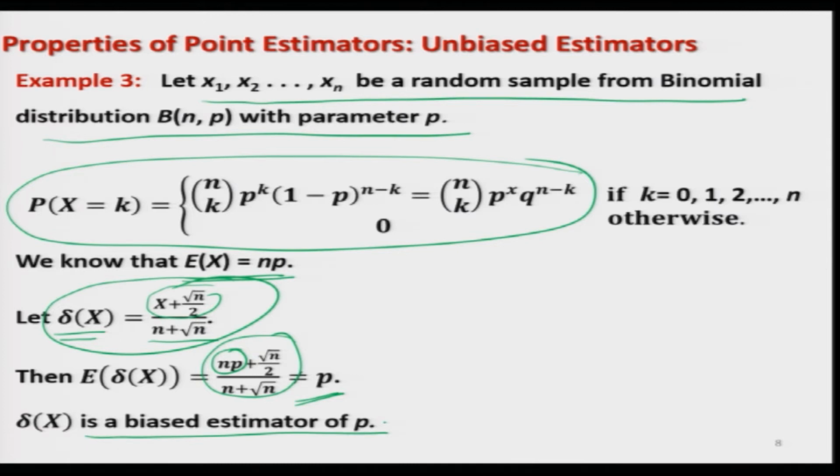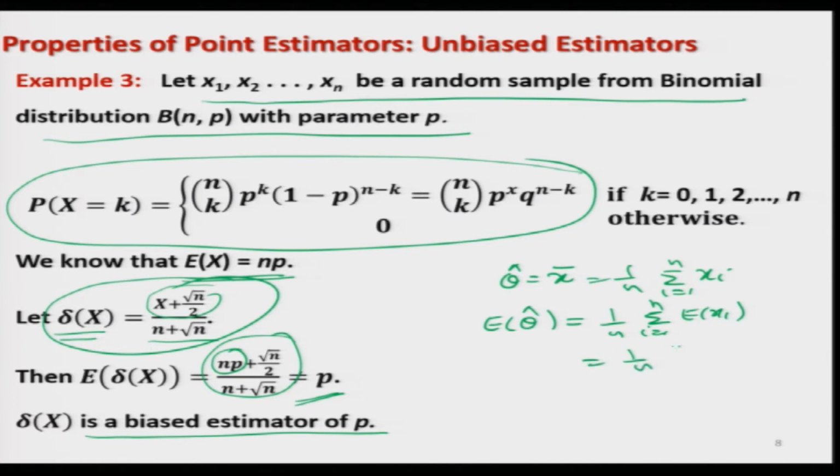Well, in case you take another estimator, say theta hat equal to x bar, the sample mean 1 upon n summation i goes from 1 to n x_i, and you take its expectation, it will come out to be 1 upon n summation i goes from 1 to n expected value of x_i, which is np.